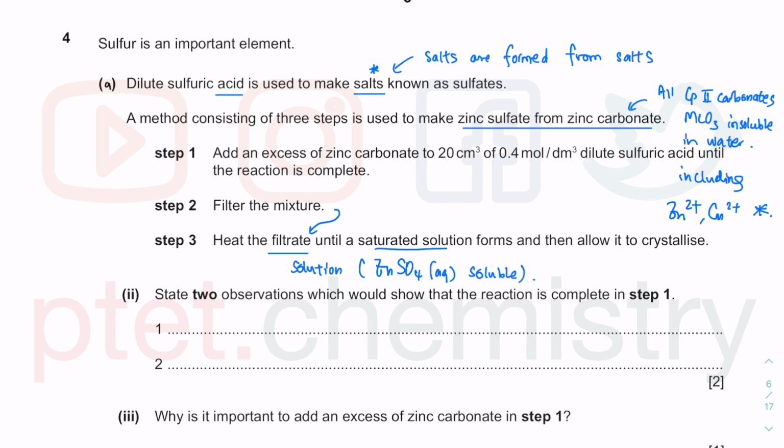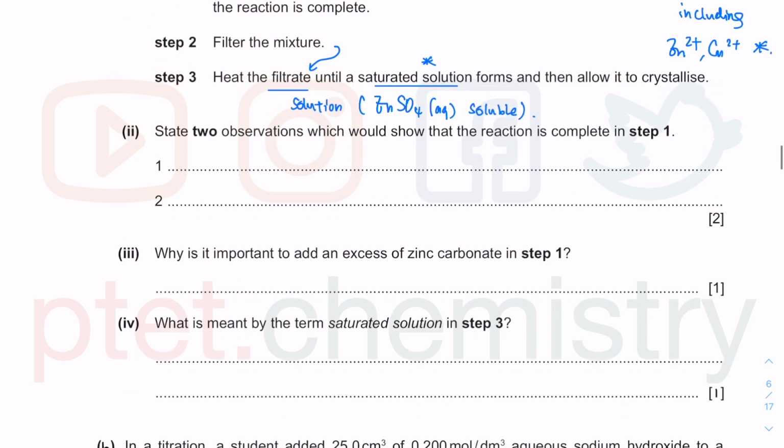And then there is this word called saturated solution, and in fact that is what is asked by this question later on, what is meant by saturated solution. So we'll talk about it later on, because this is part of crystallization. We are not heating it to dryness, not evaporation to dryness. So there are 2 different kinds of techniques here.